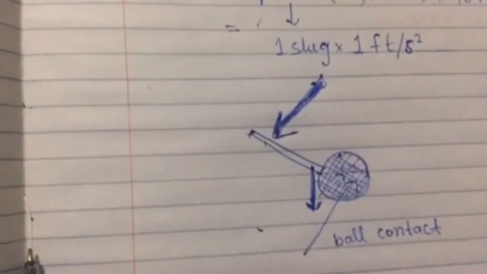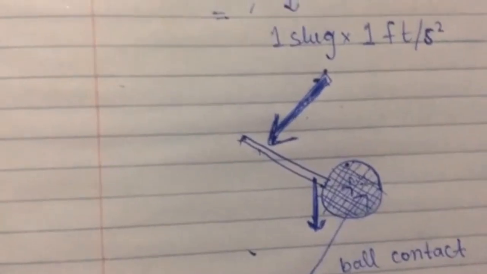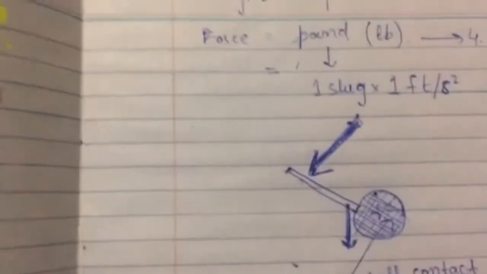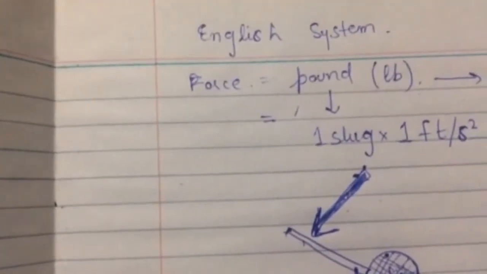Our hand is applying the force on the racket, so the racket forcefully contacts a ball, and because the racket is our free body of interest, we cannot consider the ball as an object, or our hand as an object.